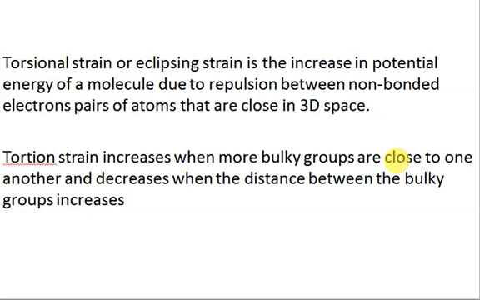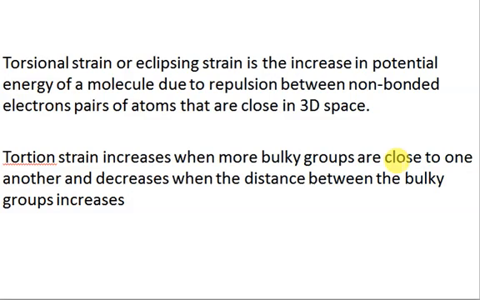The second type of strain was the steric strain. The steric strain is because of the bulkiness of the groups. If 2 groups are not directly bonded to each other, but they come closer together in 3-dimensional space, then because of their closeness they tend to repel each other, and because of repulsion, the potential energy increases.